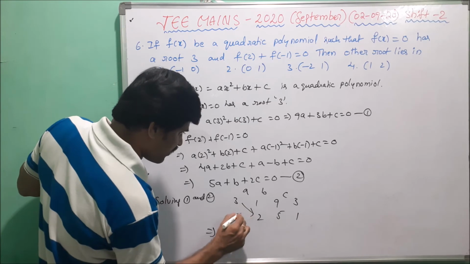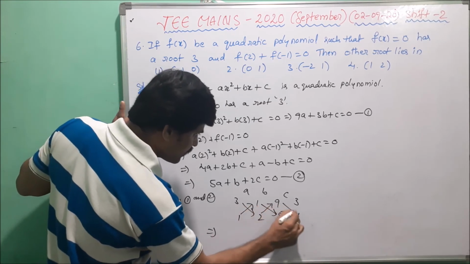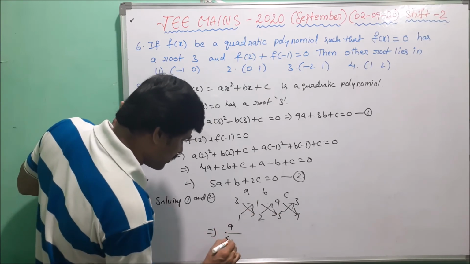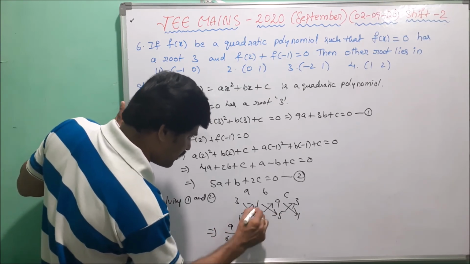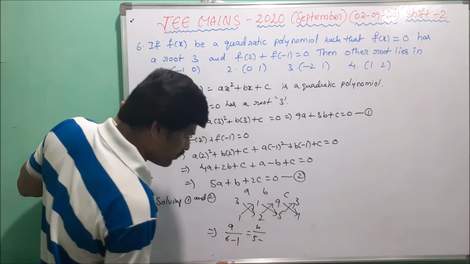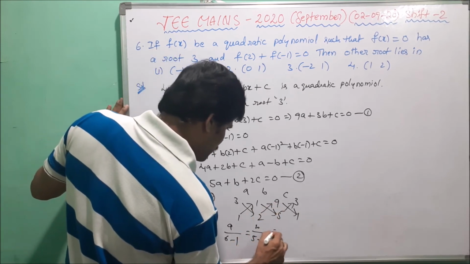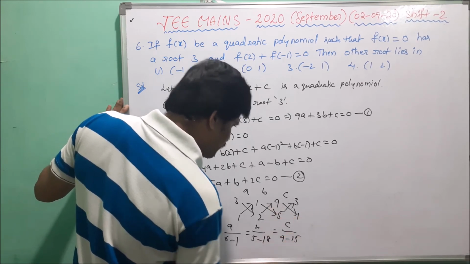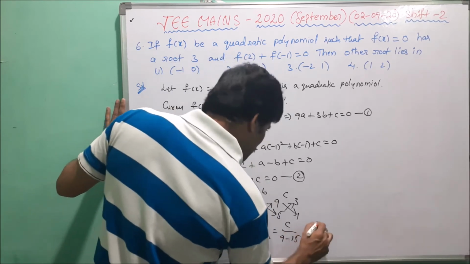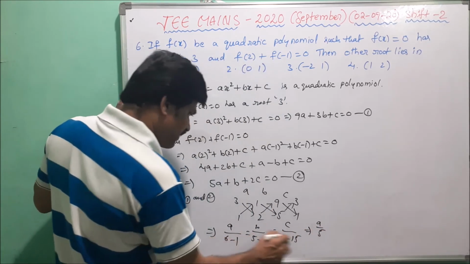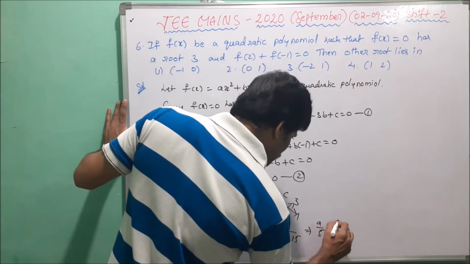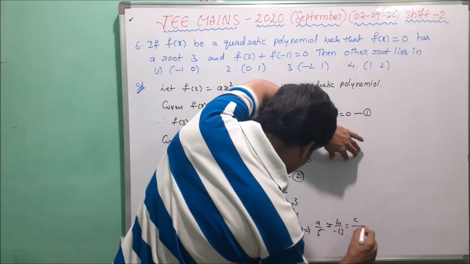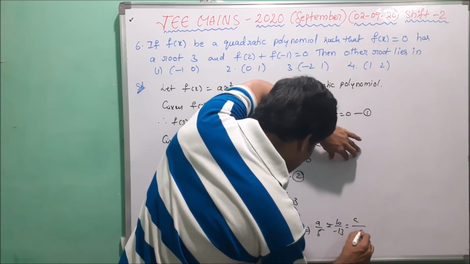Therefore, cross multiply: a by 3 into 2 is 6, minus 1 into 1 is 1, 6 minus 1, equals b by 5 minus 2 into 9, 18, equals c by 9 minus 5 into 3, 15. Which implies a by 5 equals b by 5 minus 18, that is minus 13, equals c by 9 minus 15, that is minus 6.